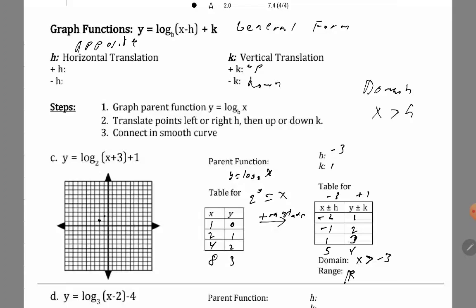That's a 3. And 5, 4. And since the graph is being moved to the left 3, our vertical asymptote is now at x equals -3 instead of x equals 0.